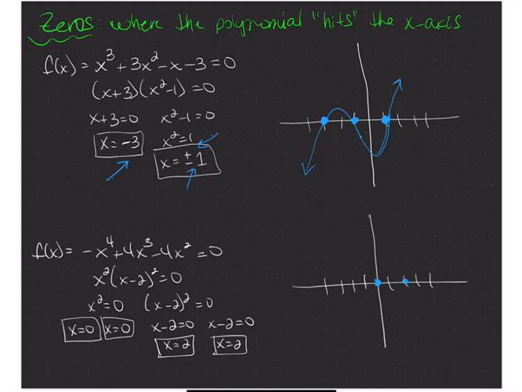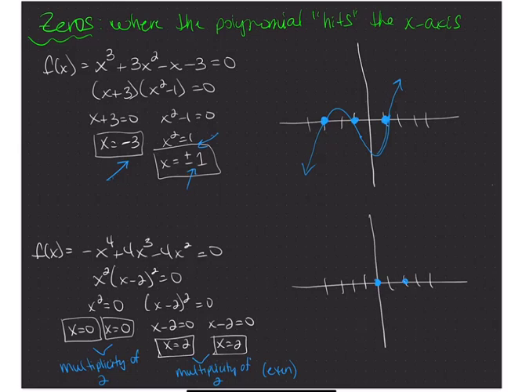So x equals 0 has a multiplicity of 2, right? Because I have it twice. These 2's have a multiplicity of 2 because it happens twice, right? So the multiplicity on these ones are even. So instead of going through the axes, I'm going to hit the axes twice.